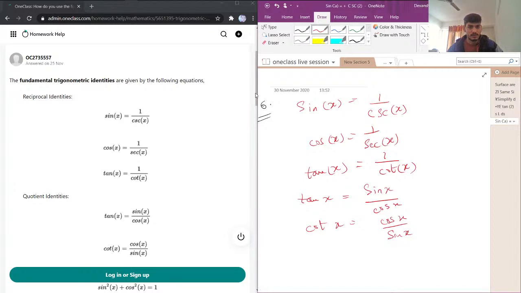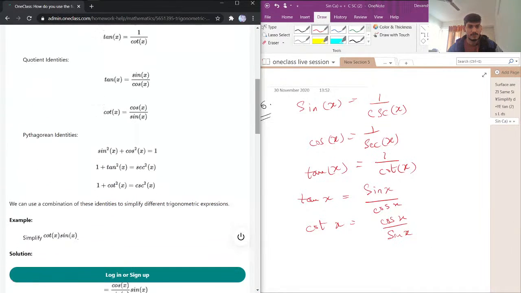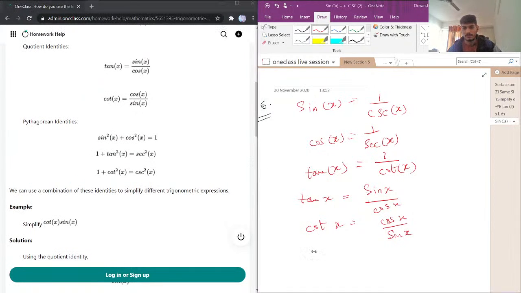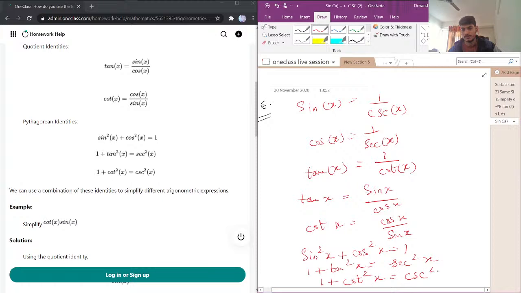Then what all identities we have here? We have some more identities. So sine square x plus cosine square x is 1. 1 plus tangent square x is secant square x. 1 plus cotangent square x is cosecant square x.